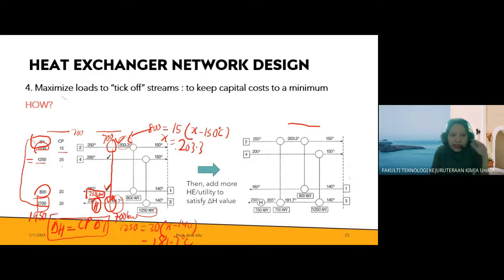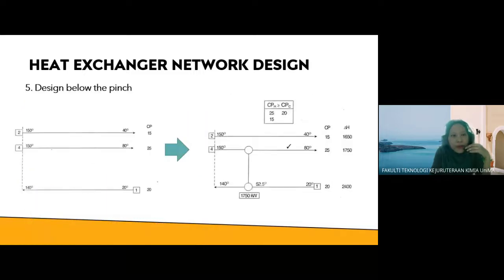Okay. Next, done with this. This is the area above the pinch. Right? Now you proceed with below the pinch. You design heat exchangers below the pinch. Similarly, using the same steps, you list down the values of CP hot and CP cold in descending order.